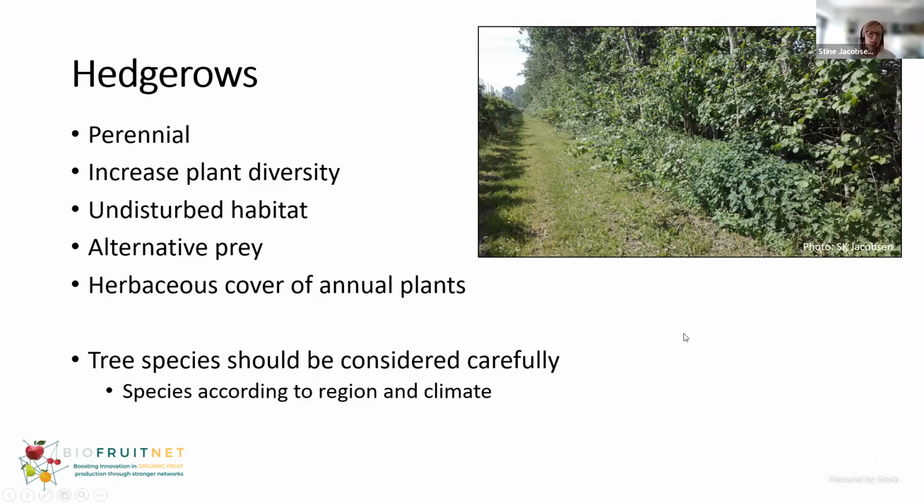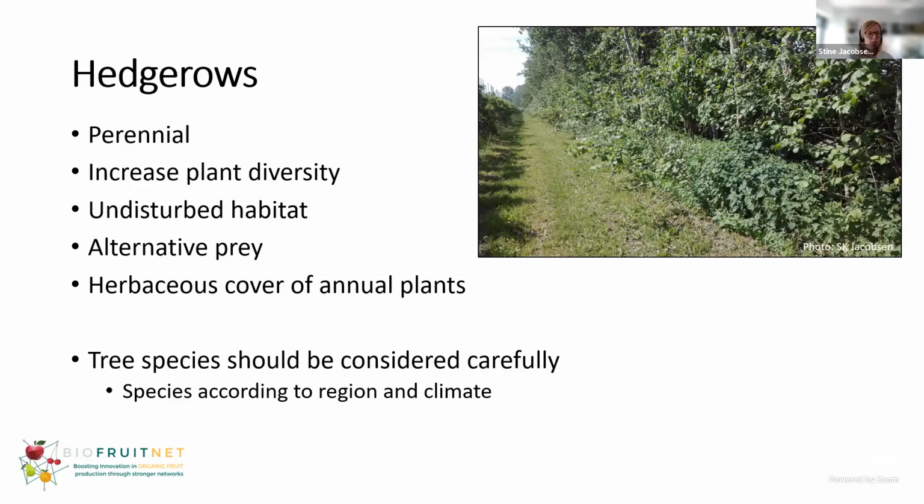In the season, they also provide herbaceous cover of annual plants, which again improves the habitat of these natural enemies. So if implementing these, the tree species should of course be considered carefully according to region and climate, and also according to not being a great host of some major pests in the fruit orchards.